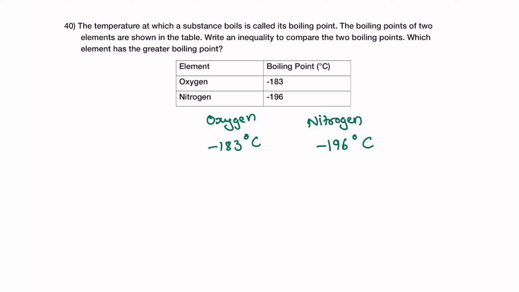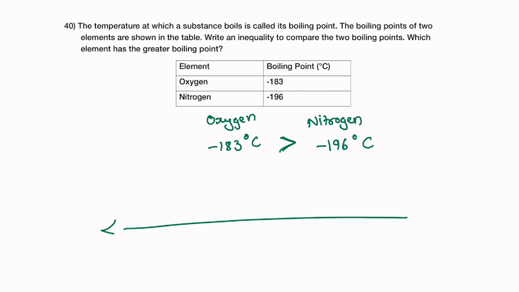So write an inequality sign to compare minus 183 degrees Celsius and minus 196 degrees Celsius. Which one is smaller or which one is greater? Negative numbers. So we will say minus 183 degrees Celsius is greater than minus 196 degrees Celsius, right?